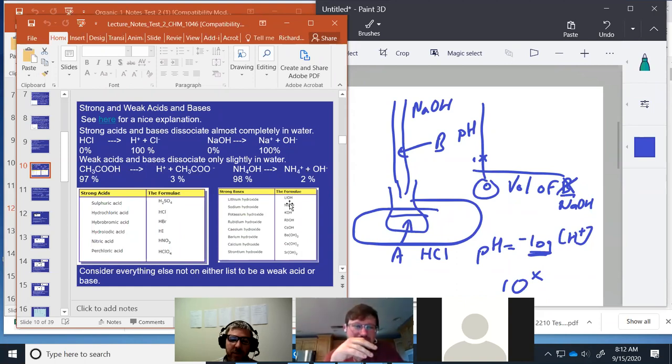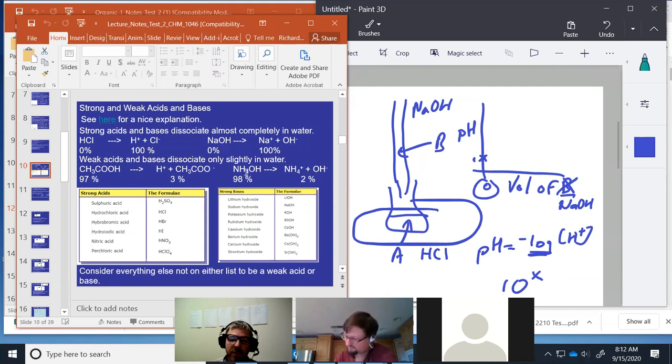Now, for strong bases, you'll notice they all have something in common. They all have a metal ion, and then they all have OH minus as their anion. So these are all what I'm considering to be strong bases, and anything else I want you to consider to be a weak base. And weak bases, likewise, form OH minus when you put them in water.